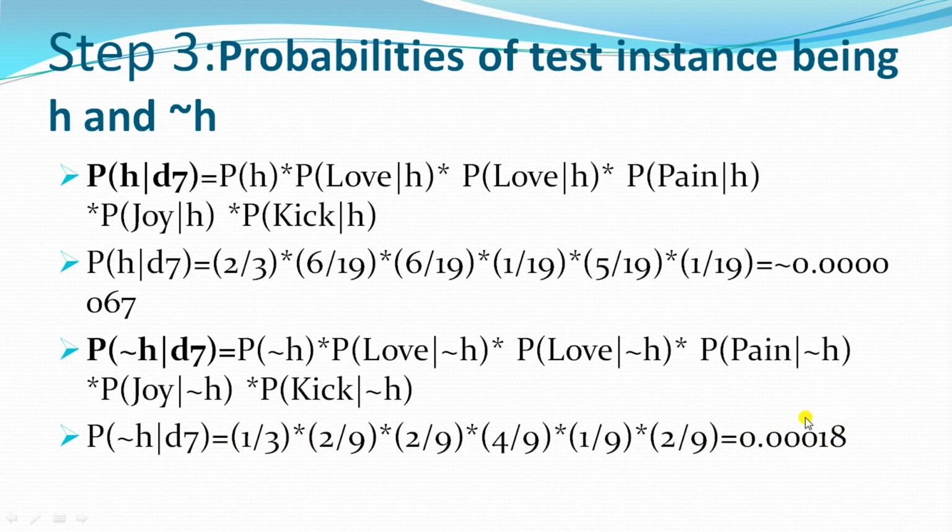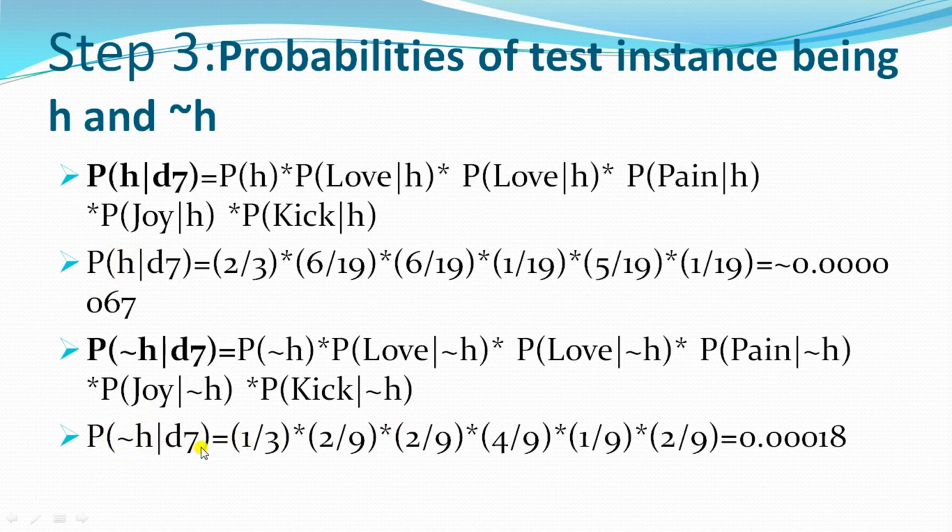0.0000018. So comparatively, the probability of D7 being in class negation of H, in the sense not of H, is higher than the probability of D7 being in the class H. Yes class, no class. Simply in other words, it is yes class, it is no class.